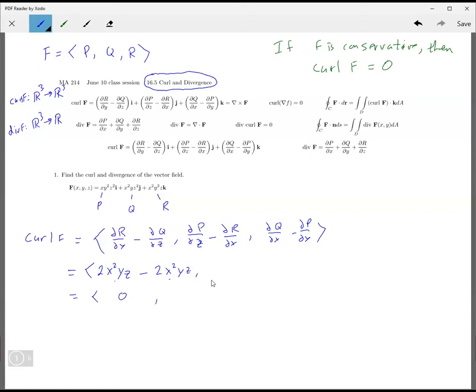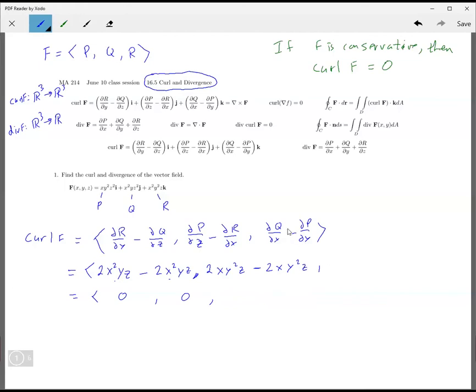The next one, dP/dz: 2xy squared z. And then dR/dx right here: 2x y squared z. Those are also the same, so that's going to be 0.